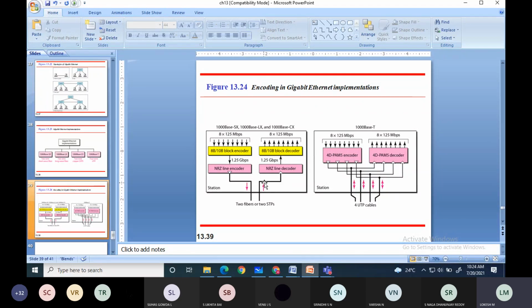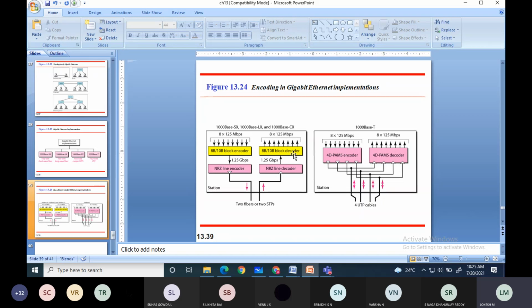Once it receives the encoded data from the other device, it has to decode it using the non-return-to-zero line decoding technique, and the data rate of 1250 Mbps becomes 1000 Mbps, right?